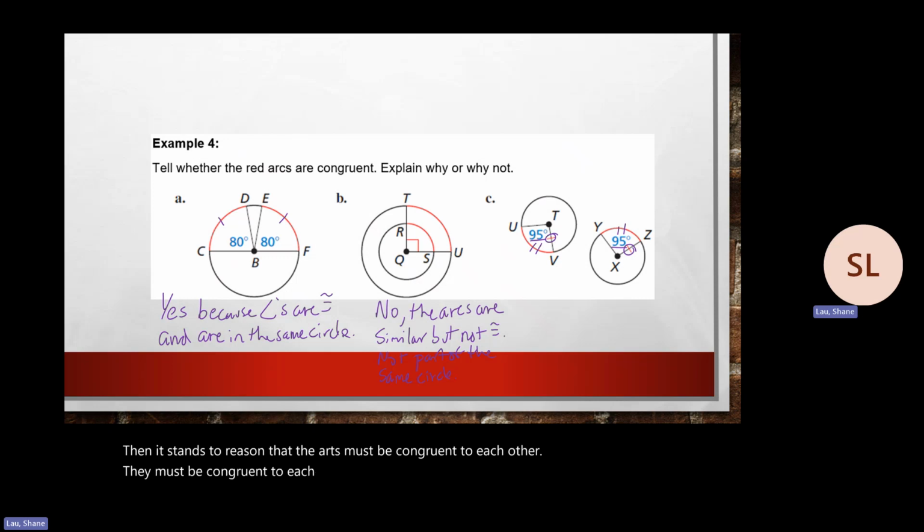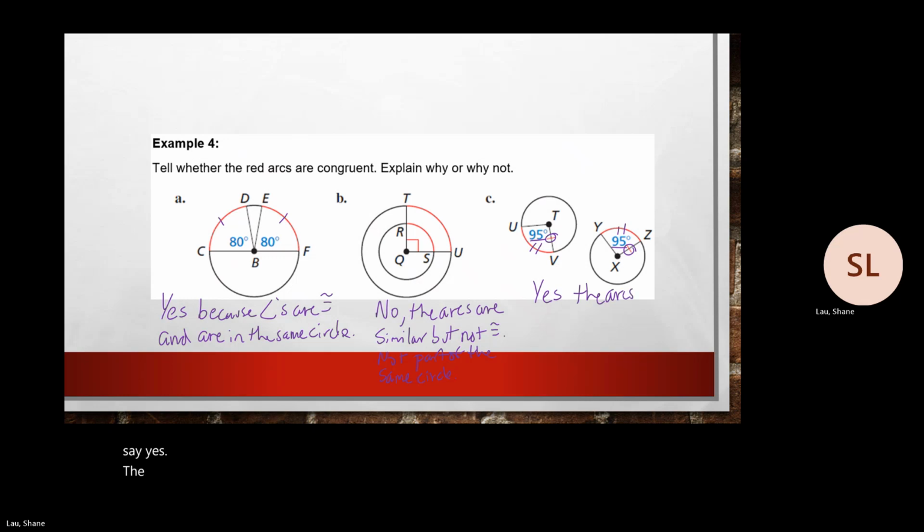And so the way that we would write this is we would say yes, the arcs are congruent because both circles have congruent radii and central angle. And that would be the best way to put it.